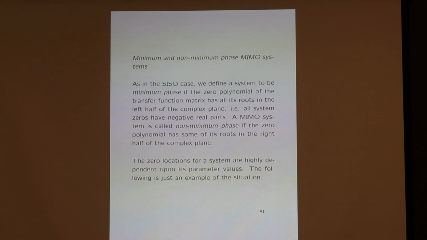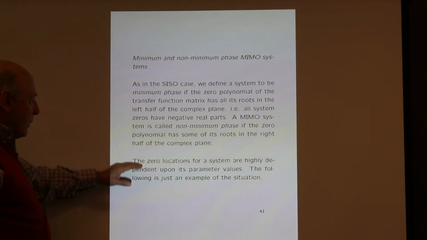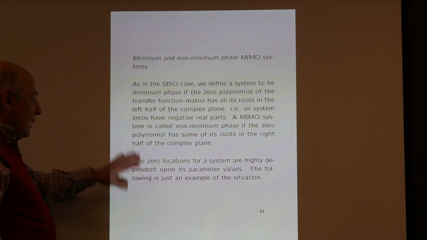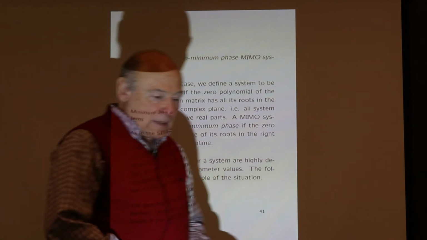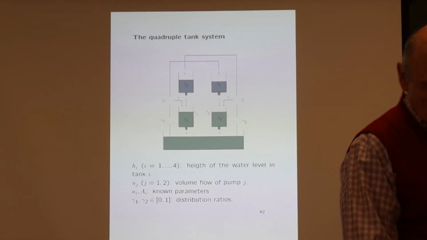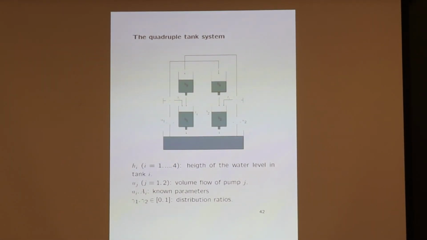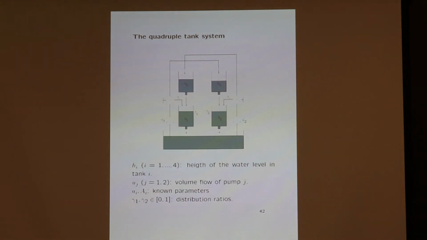So the zero locations for a system are highly dependent upon the parameter values. And we have an example, a dramatic example, which is kind of difficult, but it was a challenge placed on the internet to control that system because it is a non-minimum phase system.